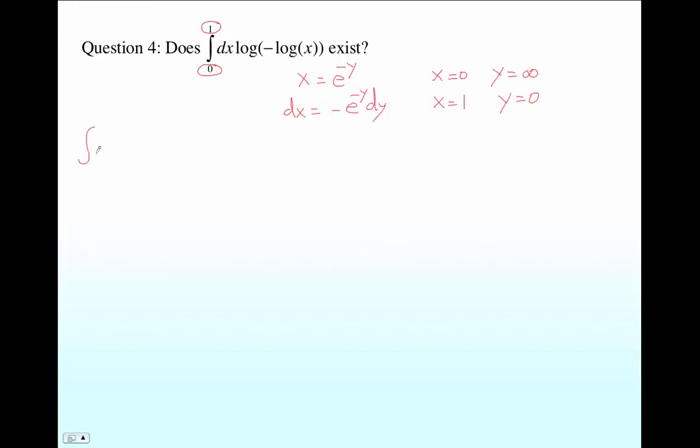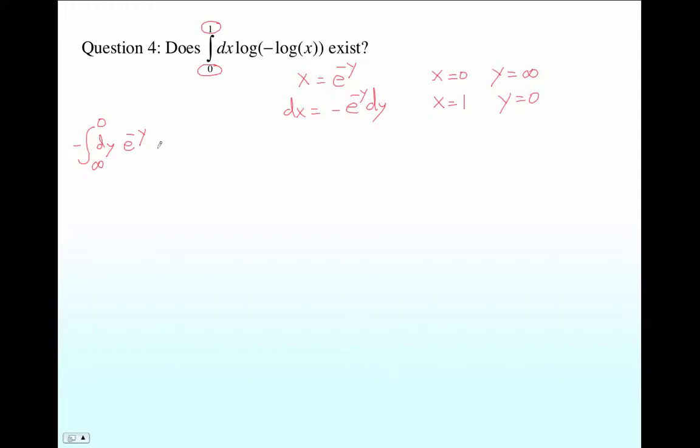So the integral becomes now infinity. So we're integrating on y. y goes from infinity to 0. And there's a minus dy e to the minus y. That's because I've substituted dx equals minus e to the minus y dy.